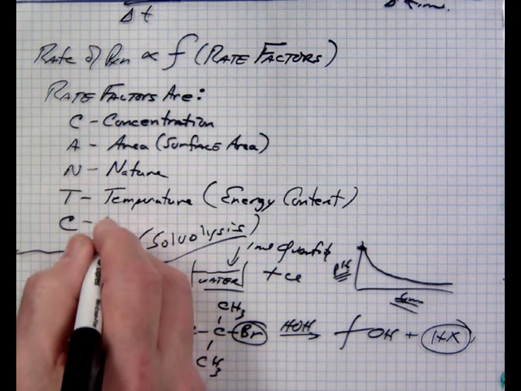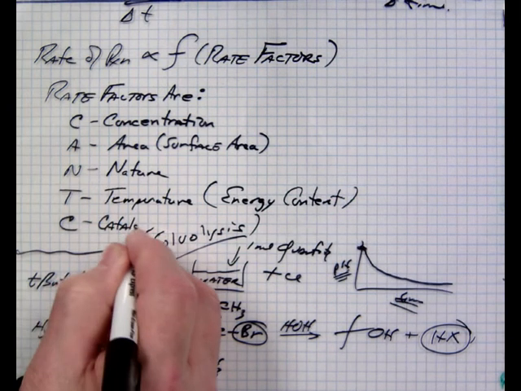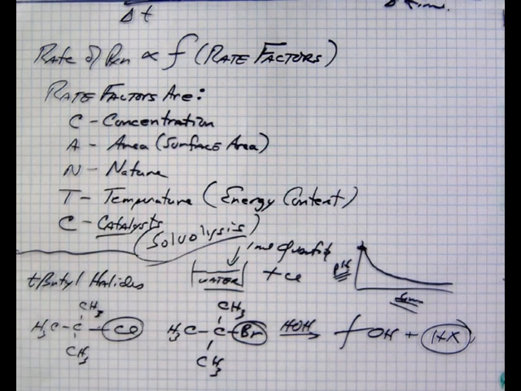And finally, catalyst. Catalyst, by book definition, is a chemical which functions to change the rate of reaction, but in itself is not consumed within the reaction. Now, in my definition I just gave you, I did not say faster or slower.